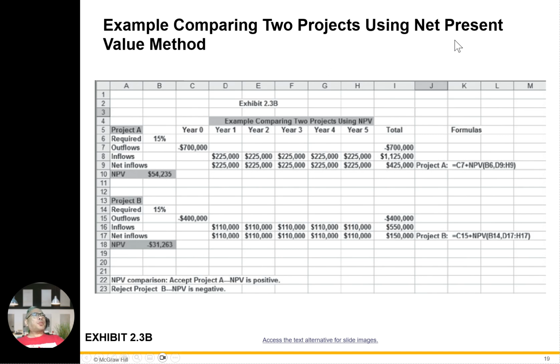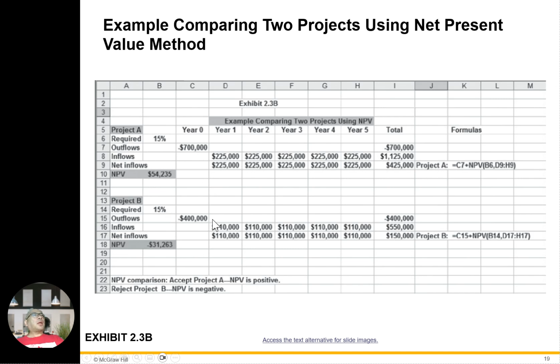For comparing two projects using net present value, this is Exhibit 2.3 here. It requires 15%, minus 700 is 225. You have the outflow of 700,000 and the net inflow will be 225. Project A will provide 54,000.